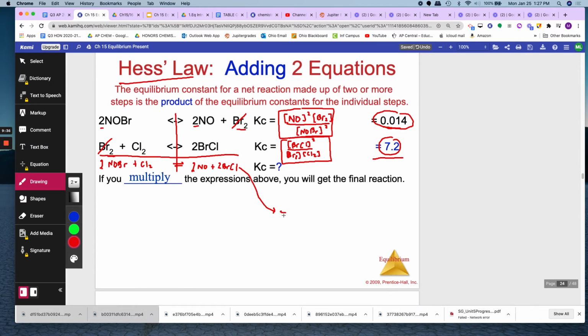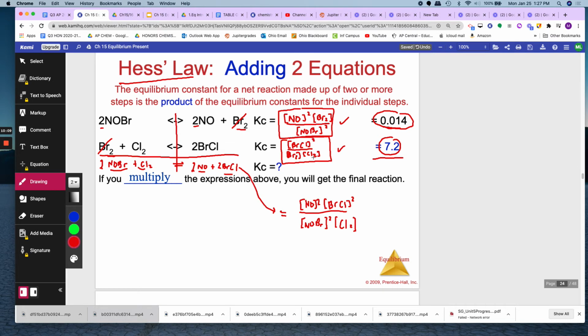The equilibrium expression is equal to NO squared times BrCl squared divided by NOBr squared divided by Cl2. Okay, so what must I do to this and this to make it look like this?